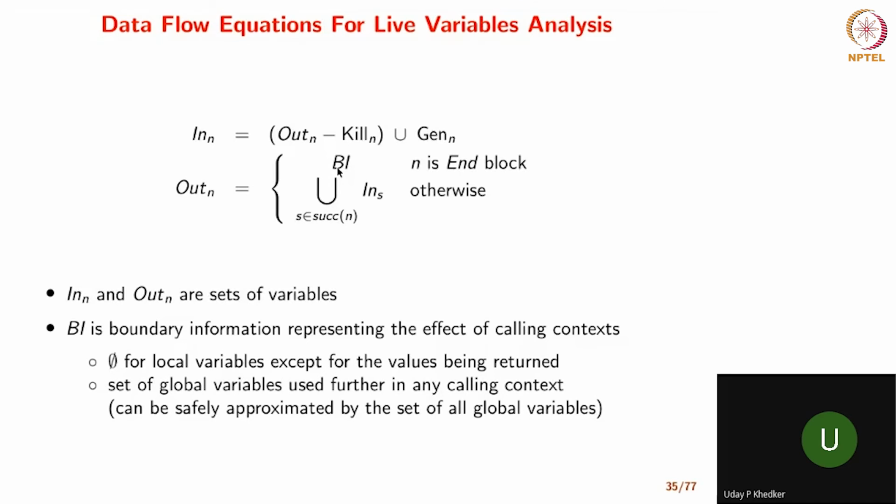Okay. The interesting thing to observe here is that these in and out equations are an example of a system of linear simultaneous equations, and we have studied in our schools how to solve linear simultaneous equations. We have used the Gaussian elimination method.